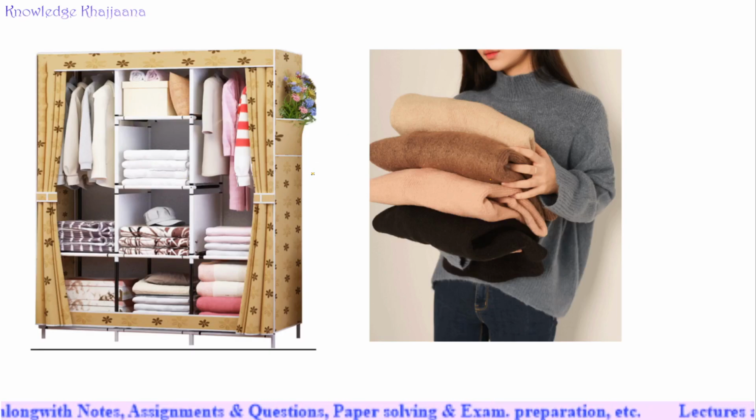One fill-in-the-blanks question may come: warehouse creates time utility, because for the time being, the commodity is kept in the warehouse, or the cupboard, wardrobe. So with this, we are completing features of utility and types of utility.